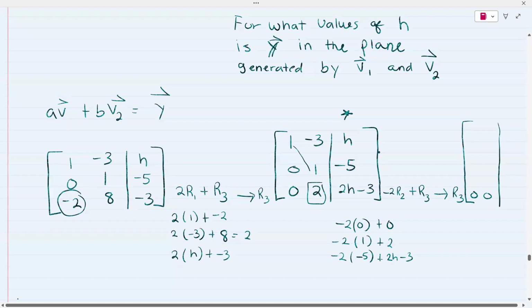So -2 times -5 is 10, plus 2h minus 3. That's 2h, and 10 minus 3 is 7. So that would be 2h plus 7. Then this would be 0, 1, -5, and this is 1, -3, and h.